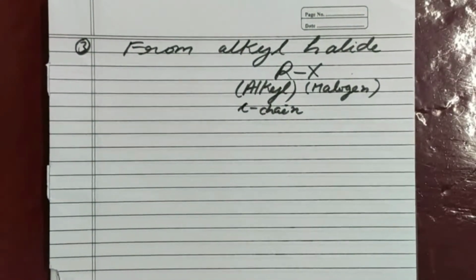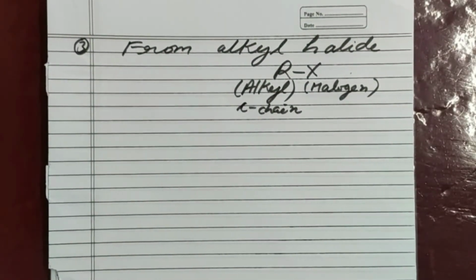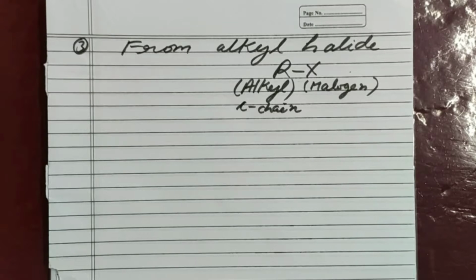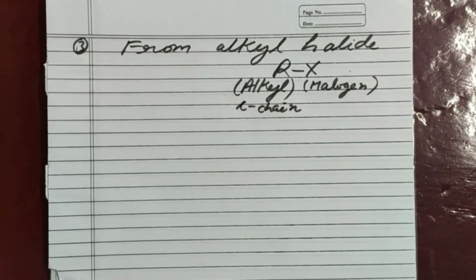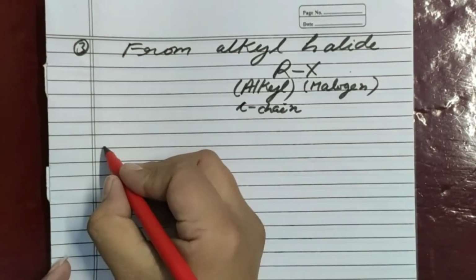So from alkyl halide, how are we going to prepare? We are going to take alcoholic KOH solution and we are going to heat alkyl halide in the presence of alcoholic KOH.